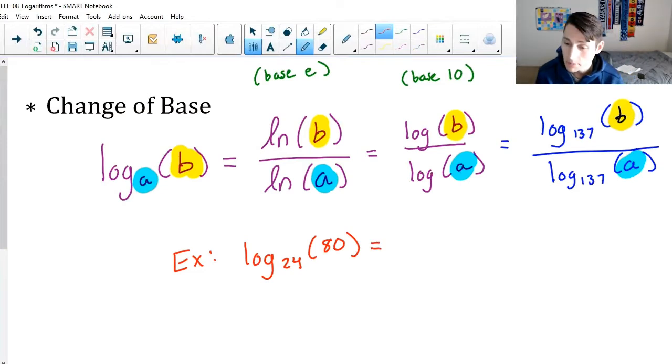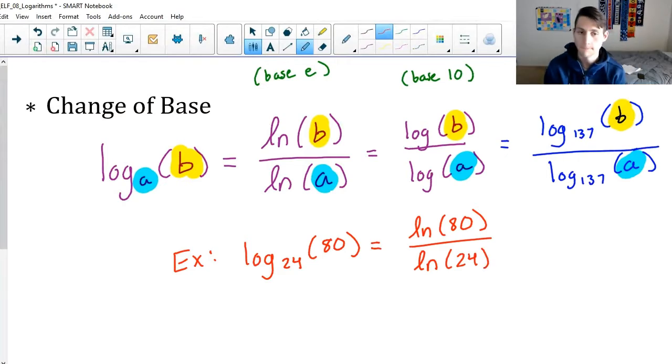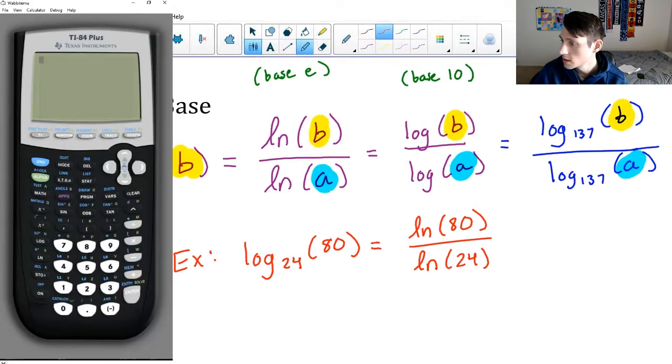Is there a way to just type that into our calculators? Yes. Is it annoying to type in? Also yes. So instead, let's change the base to something else, like natural log. So natural log of 80 over natural log of 24. In my calculator, I have natural log of 80 divided by natural log of 24.